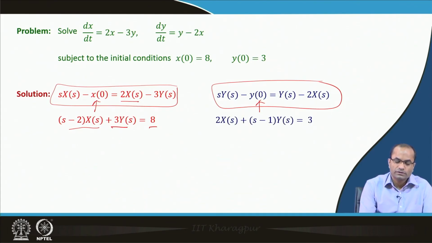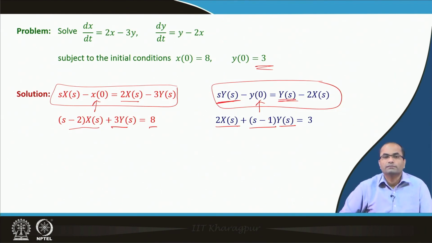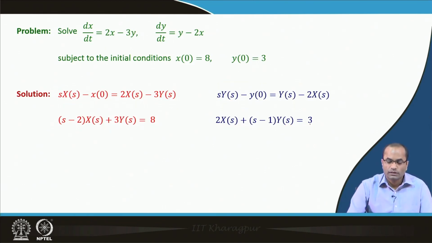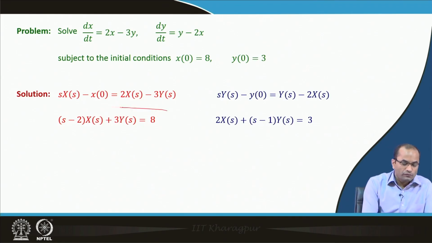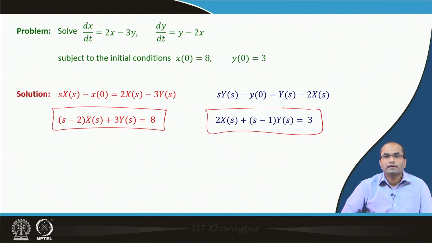Similarly, here after using y(0) as 3, we will get 2X(s) plus (s minus 1)Y(s) equal to 3. So, now we have these two transformed equations, and we can eliminate, for instance, y first or x first, whichever way.